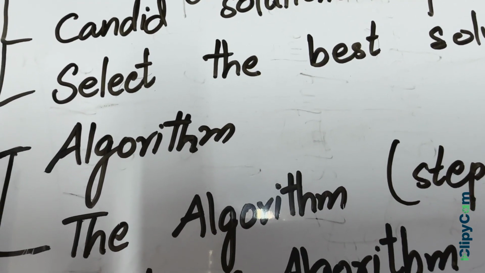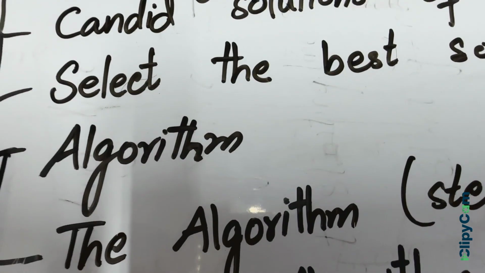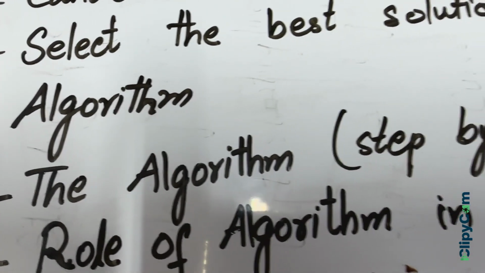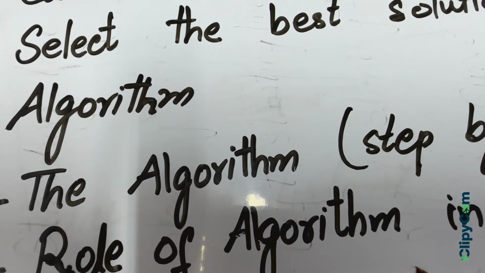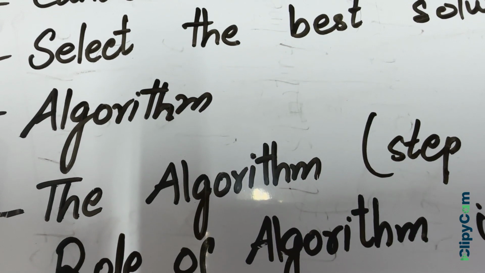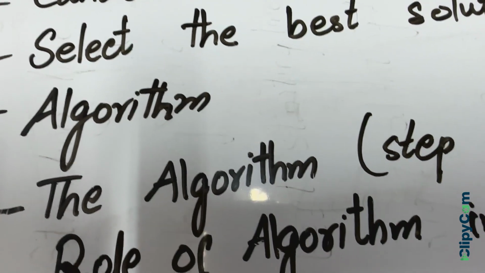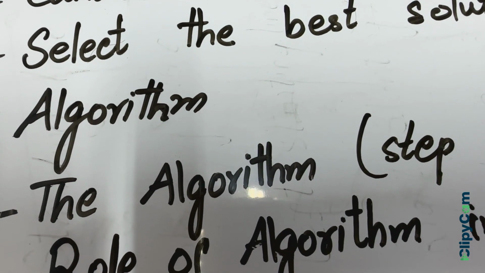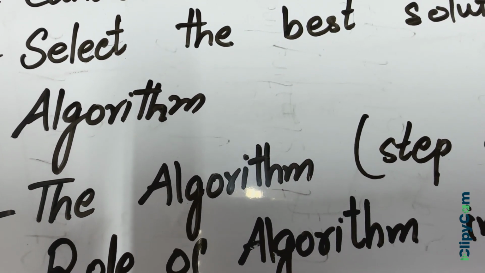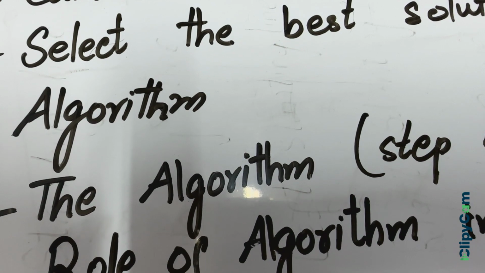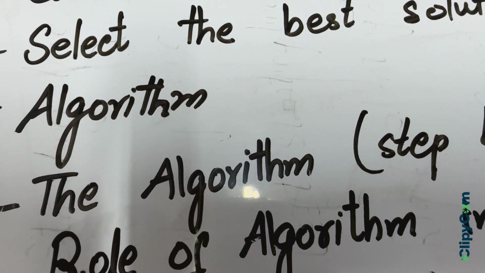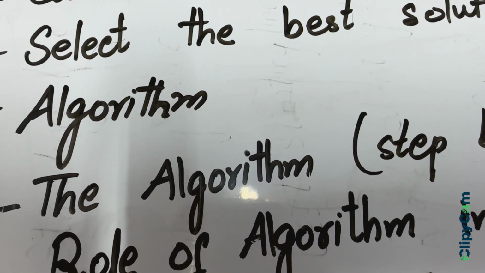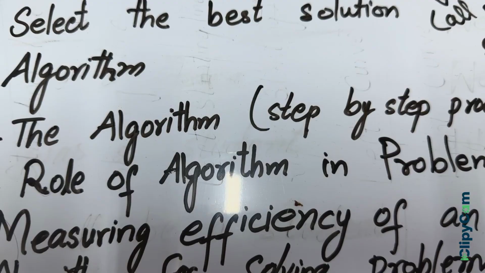For example, I have told you an easy problem, to find the sum of 3 numbers. First step, input 3 numbers. Second step, sum is equal to a plus b plus c, right? And third step, display output, and stop. This is the algorithm, right?